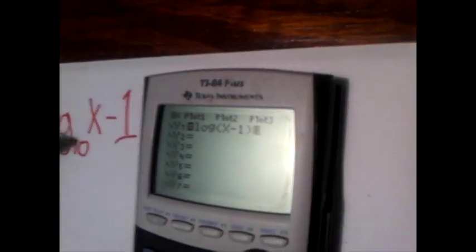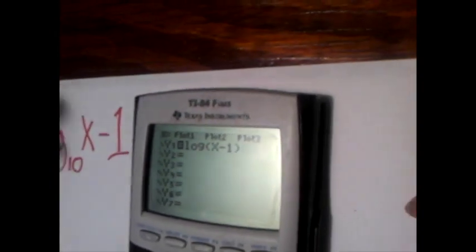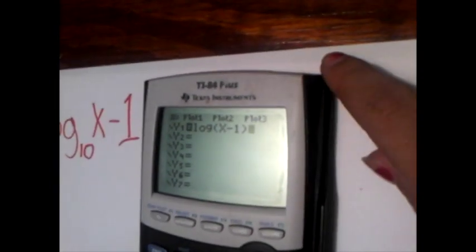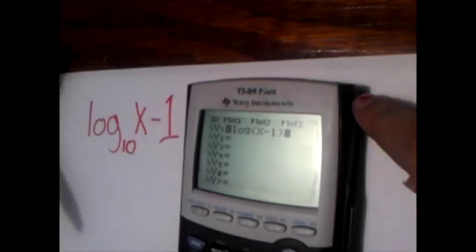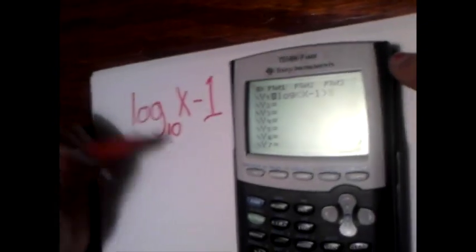Now see how it doesn't give you the option for a 10 at that goes right there, like in the problem right here. The reason for that is because in order for it to be shown that this is another base, you would have to divide the log by that base. It gets a lot more complicated than this, but for the purposes now, we're just going to stick with this, and we know it's automatically a 10.